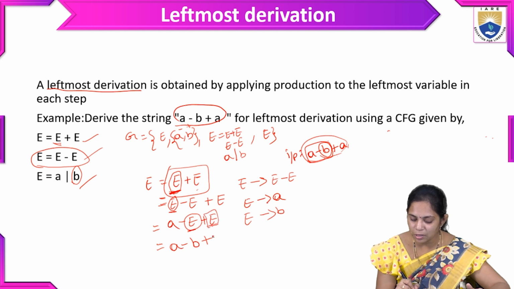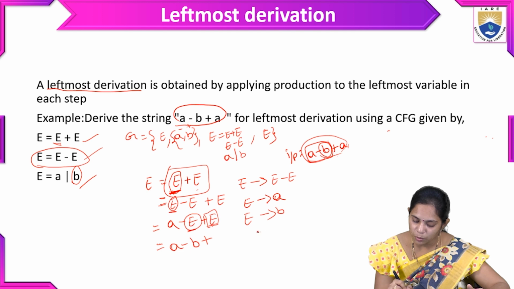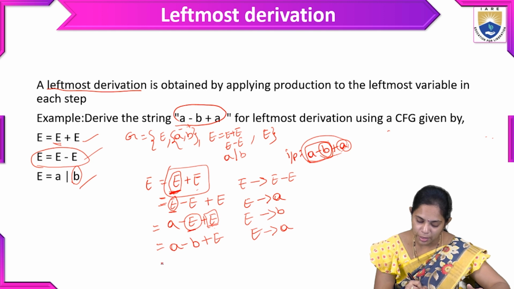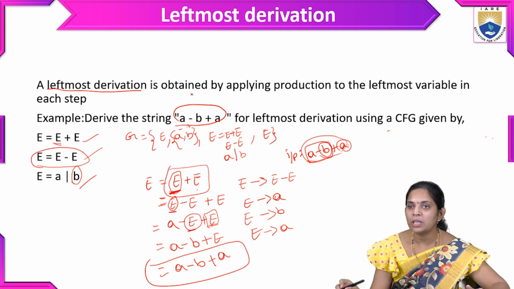This is the last non-terminal we have to replace. E tends to B is already there, and for this E, according to our input string A is required, so E tends to A. So we get A minus B plus A. This is the input string we got from the leftmost derivation.